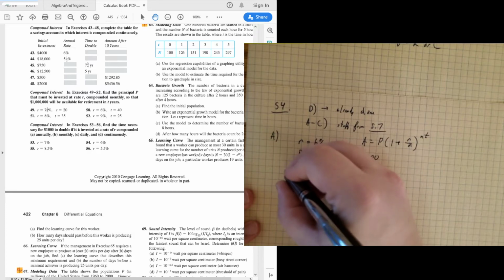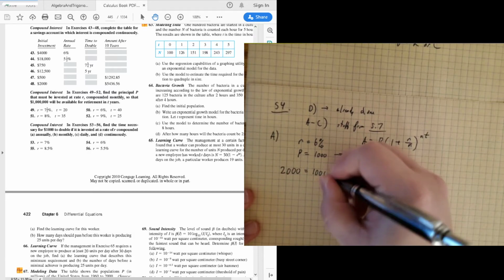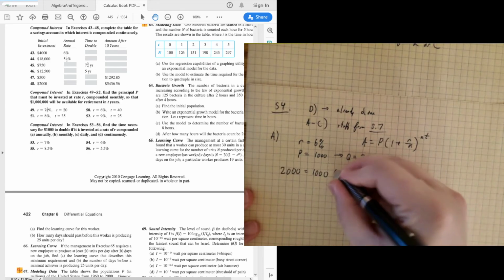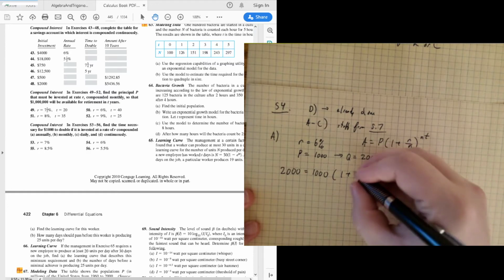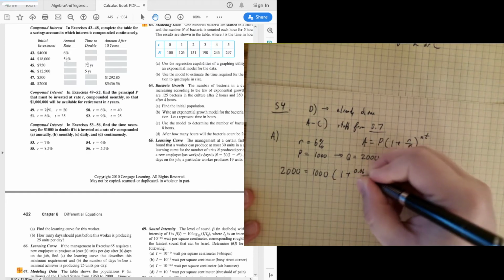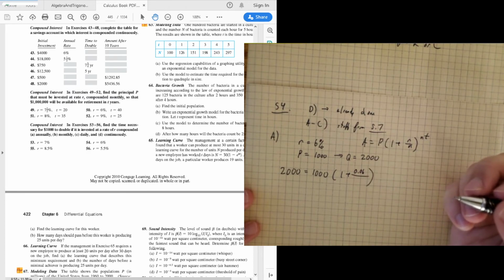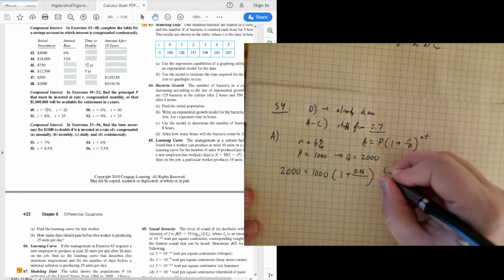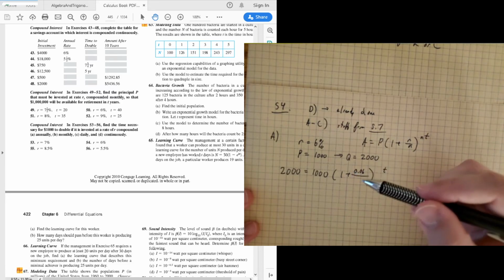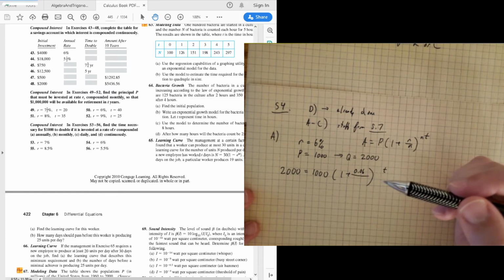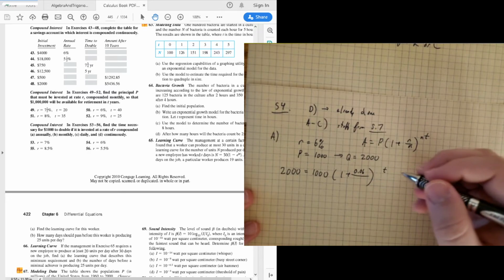We know what we want is our $2,000. We know that we started with $1,000. We know the rate for part A is 6%, which we need to put as a decimal, 0.06. Now the question is, what's N and what's T? Well, T is unknown, so we're going to leave T as T. Now it says annually. In this formula, it's based upon how many times it's done. So if this is annually, that means we're going to have just one.